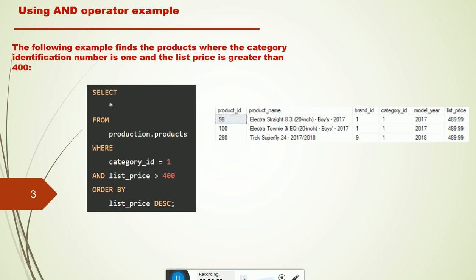We will move to the next slide. The following example finds the products where the category ID is 1 and the list price is greater than 400. So the query is select. You know very well, if you want to retrieve any information, then you will use the select command.